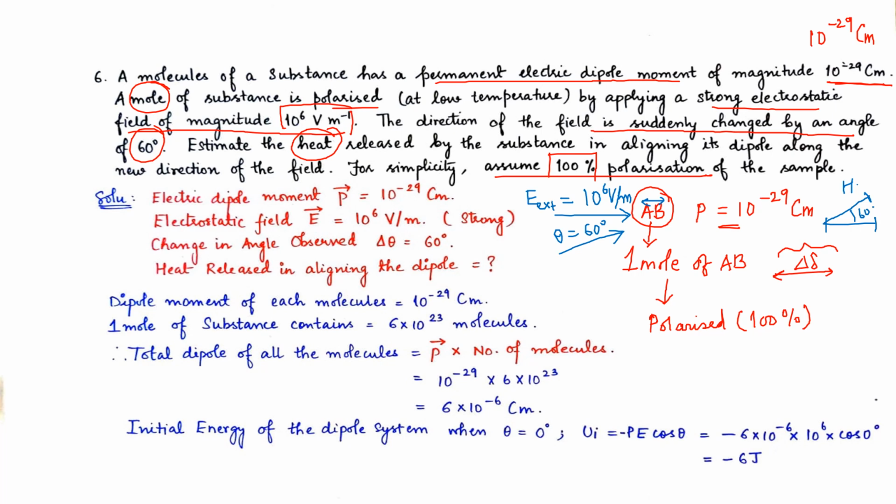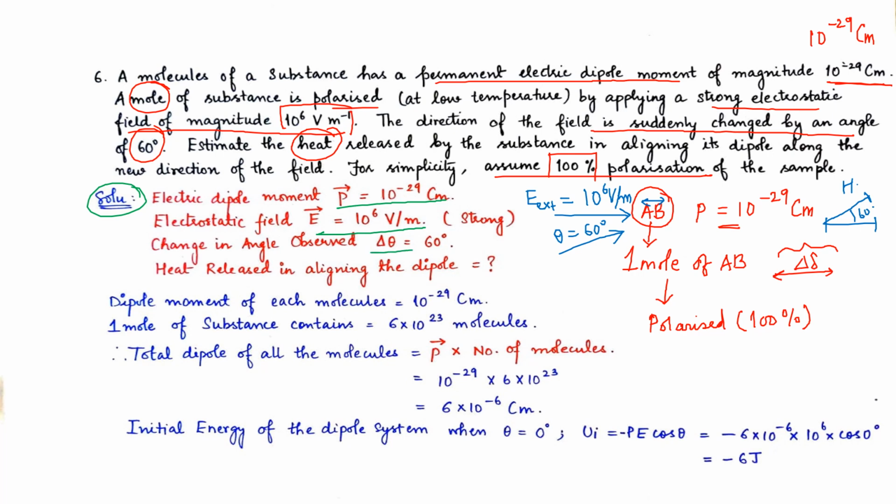Now we will proceed to the solution. Electric dipole moment is 10 to the power minus 29 coulomb meter. Electrostatic field is 10 to the power 6 volt per meter.